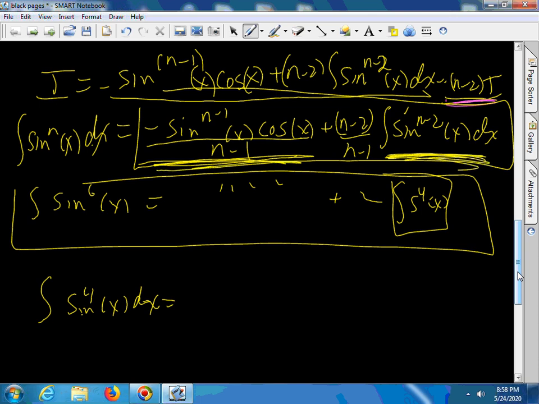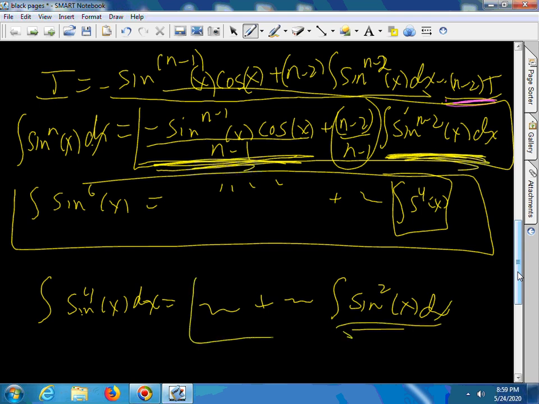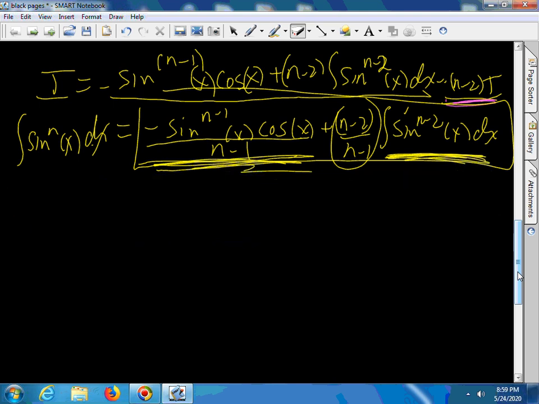Well, that equals this stuff with a different n plus this constant times the integral of sine squared x dx, two powers less. Okay, now this one you should know how to do. So you do it, and you take all of this and you plug it in right there. Okay, so you may have to use this reduction formula a number of times.